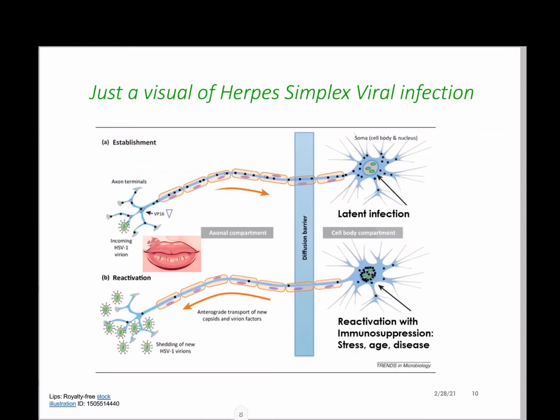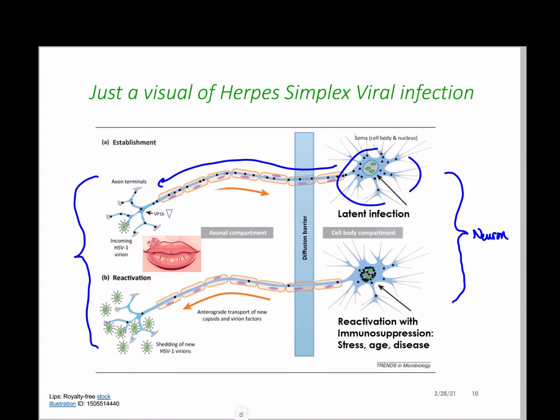So a diagram of how the latent infection works for herpes simplex virus and why you can have these cold sore outbreaks later. Out here is the mucous membrane, whether it's anal, genital, or oral. And then here is the inside of the body where the neuron cell bodies are going to be. So these neurons are going to innervate out here in the skin.